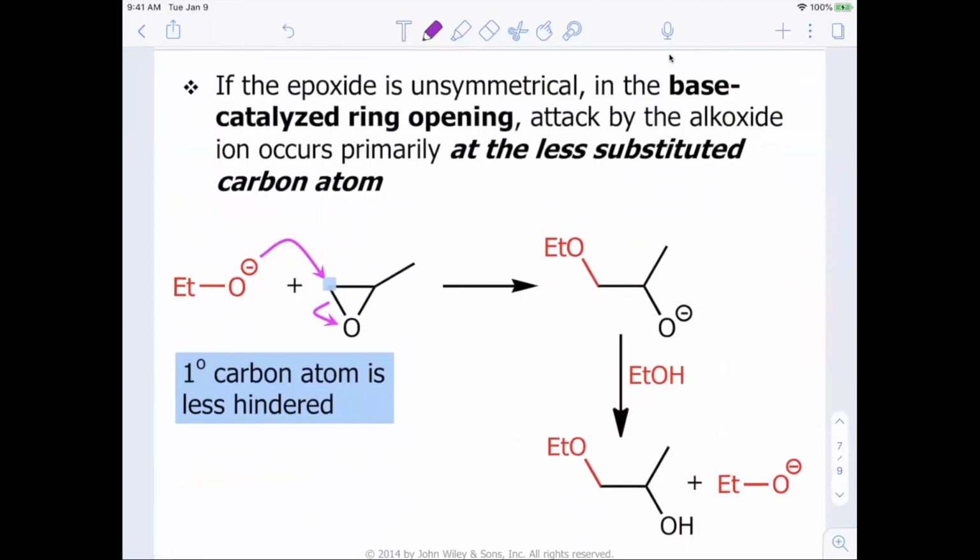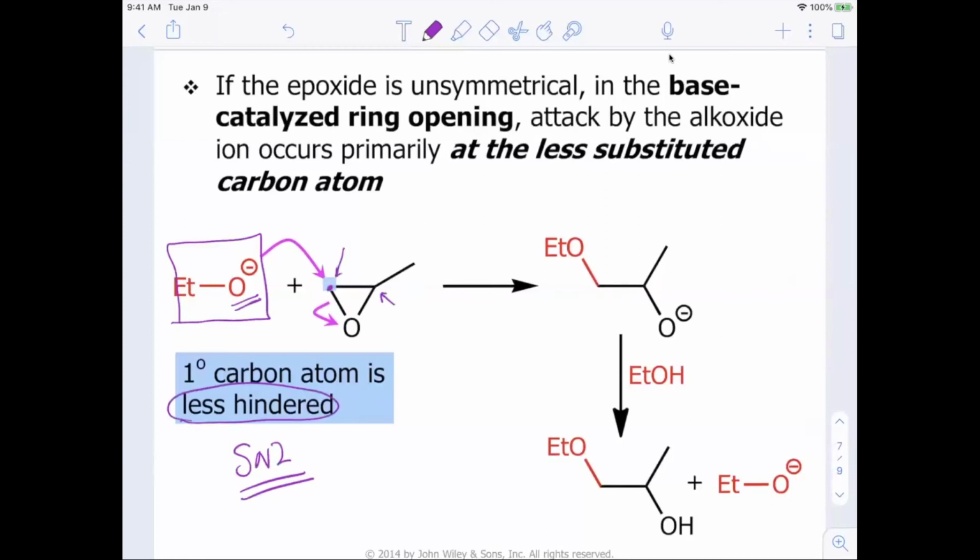If we're looking at the base catalyzed mechanism specifically, and we're looking at an epoxide that is not symmetrical, for example, one of the carbons has only 2 H's on it, and the other carbon has at least 1 carbon on it, then this situation where we have the nucleophile attacking the epoxide to open the ring is going to be very similar to an SN2 type reaction. So that strong, charged nucleophile is going to attack the carbon that is less hindered.